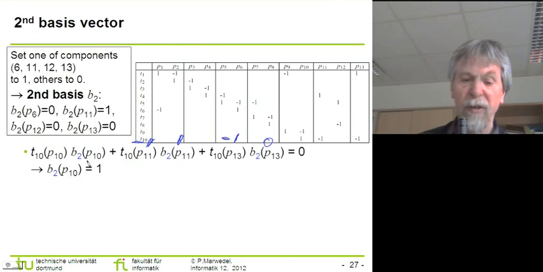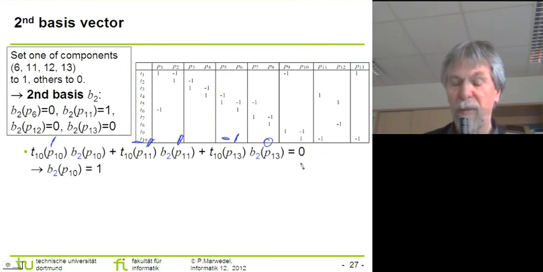That's the unknown in this equation. And we have T10 of P10. That is this one that we have over here. So we see that this term is 0, this term is -1. Overall, the sum has to be equal to 0. In order for the sum to be equal to 0, this component has to be equal to 1.